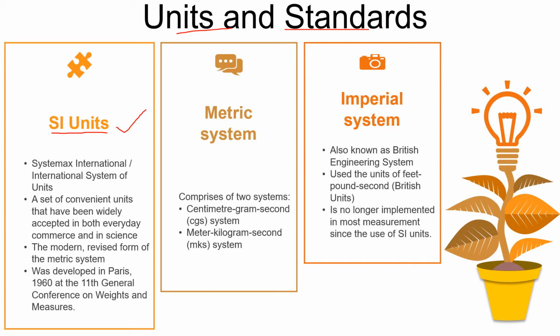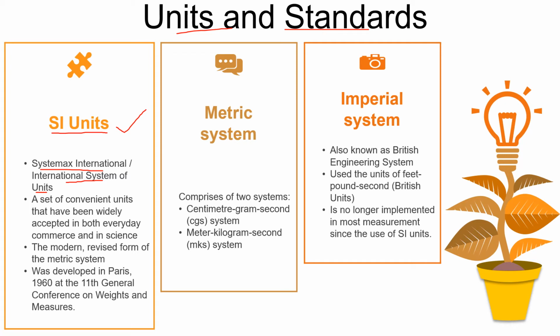So what is an SI unit? SI unit is the international system of units. International use the same units. For example, mass is kilogram, and meter is for length. So that is an SI unit.